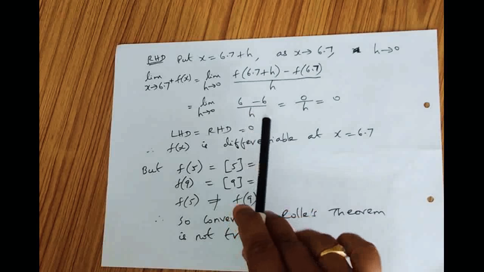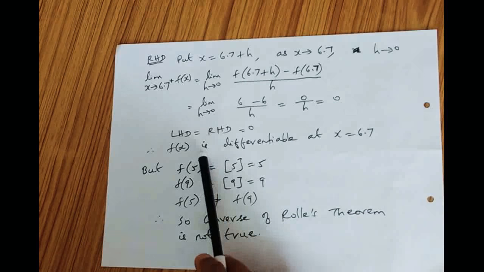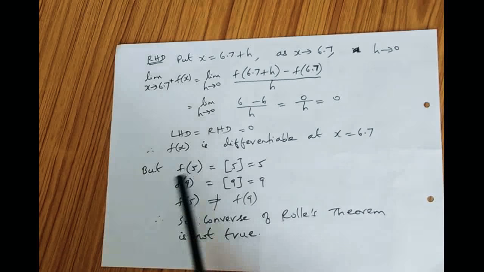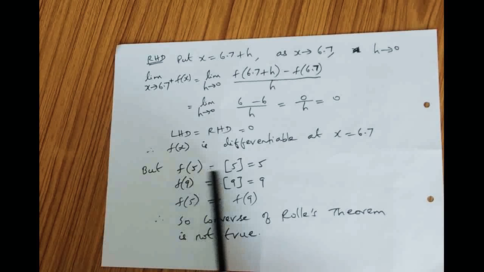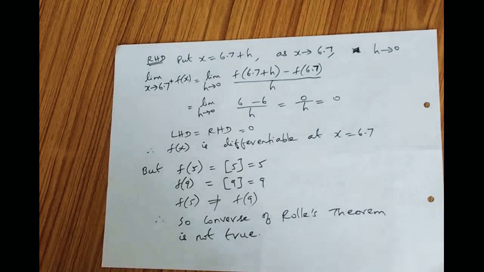But in this problem, f of x is continuous at 6.7, f of x is differentiable at 6.7, and f dash of x exists, but f of 5 is not equal to f of 9. So the converse of Rolle's theorem is not true. I hope you understand this problem. Thank you.